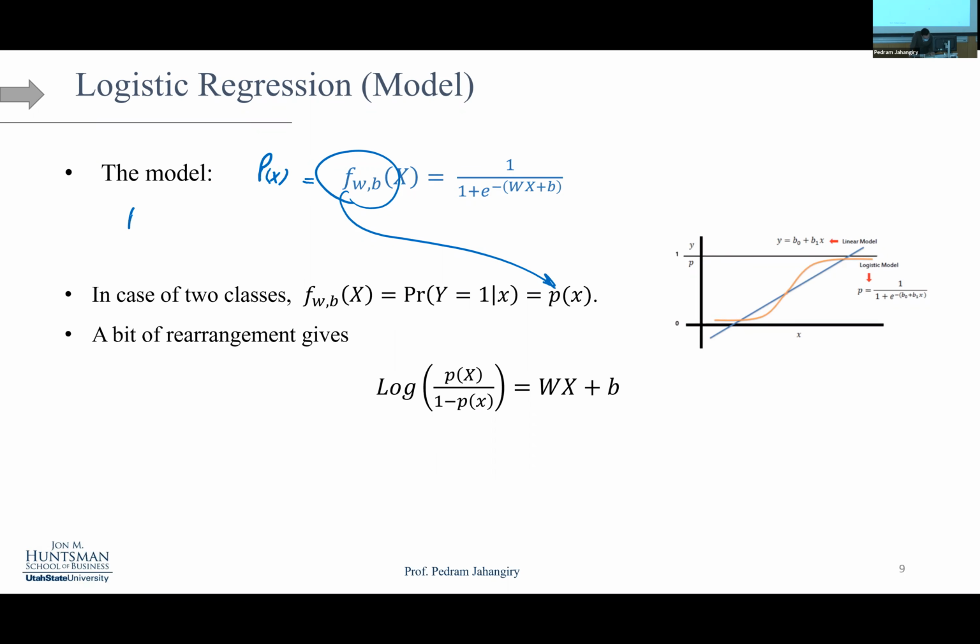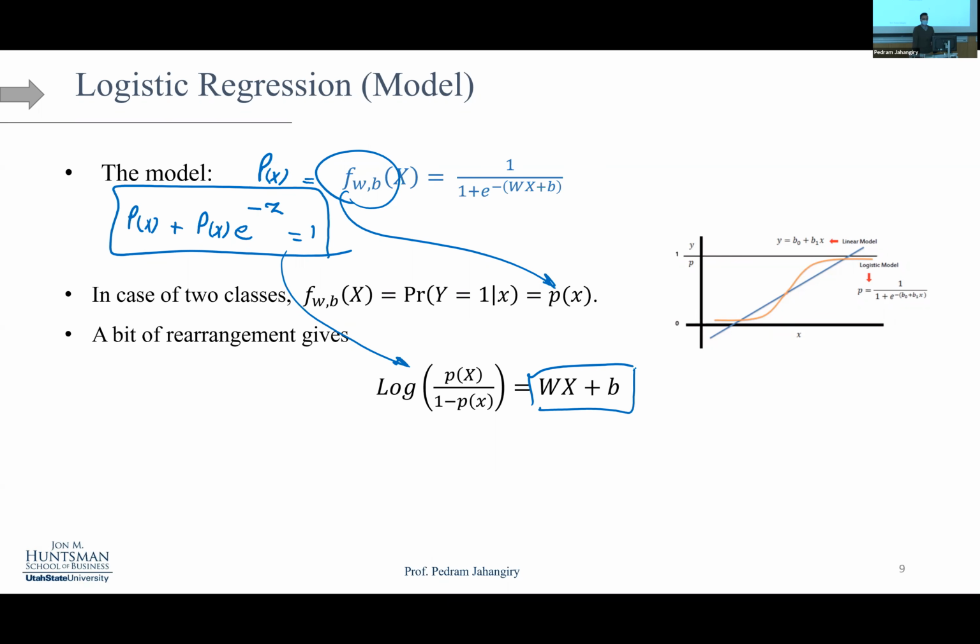So basically we have p(x) plus p(x) multiplied by e to the power of minus z, let's call it z for short, is equal to 1. If you rearrange it a little more, you get to this one. So we have log of p(x) divided by 1 minus p(x) is equal to our linear regression model, Wx plus b. Does everyone see how it's gone?